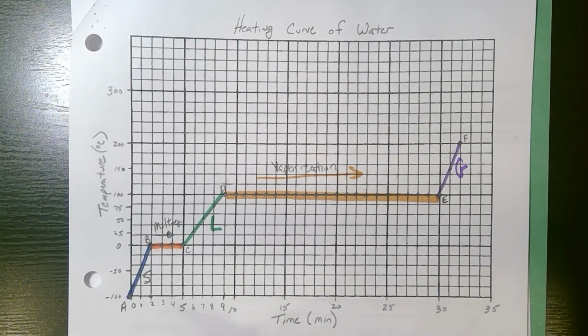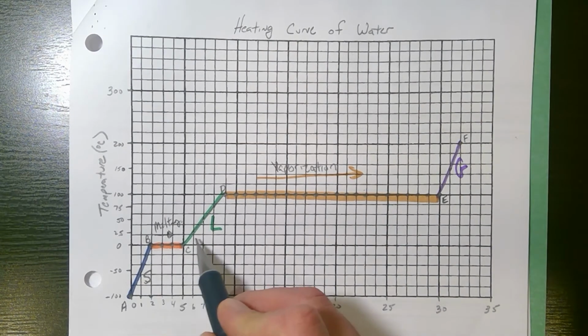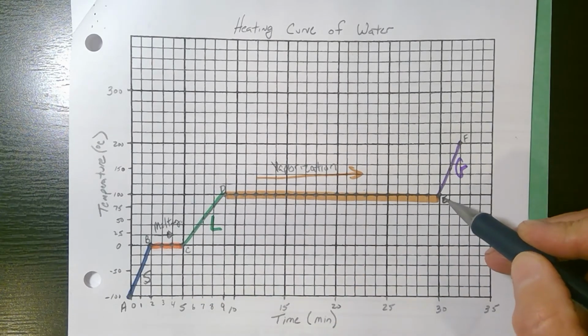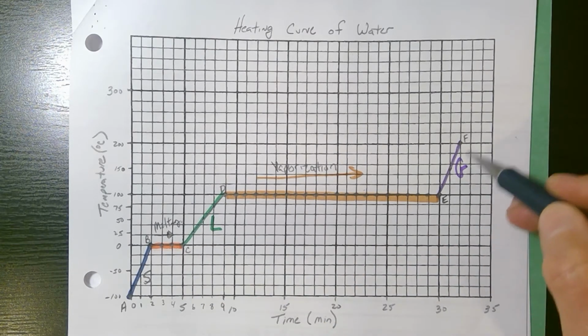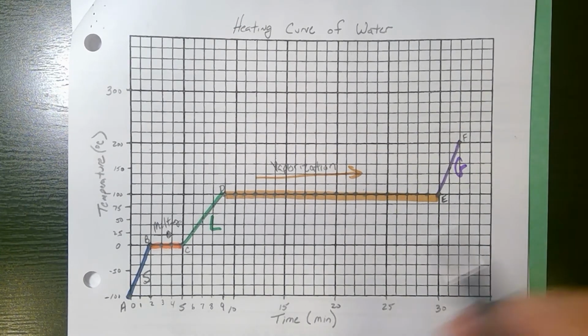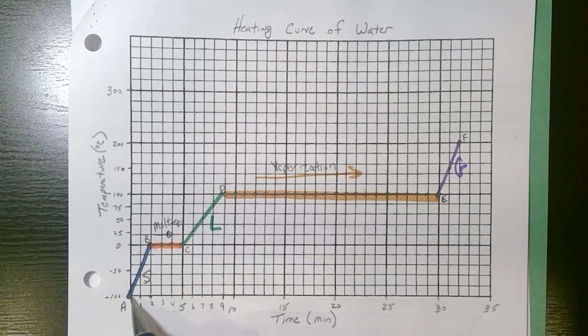Okay, looking at this, the liquid water is going to heat slower. Ice and water vapor seem to be heating a little bit more rapidly. Okay, if you do the calculations, this is 100 degrees in 2 minutes. So the solid appears to be going up 50 degrees Celsius each minute.